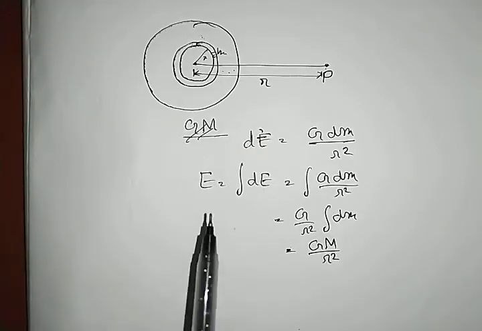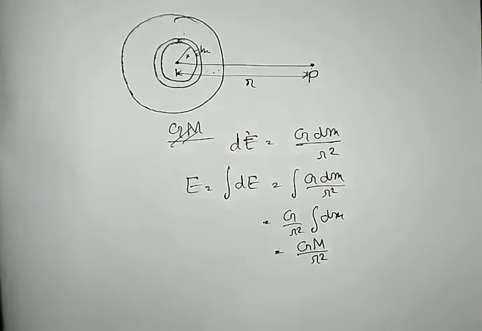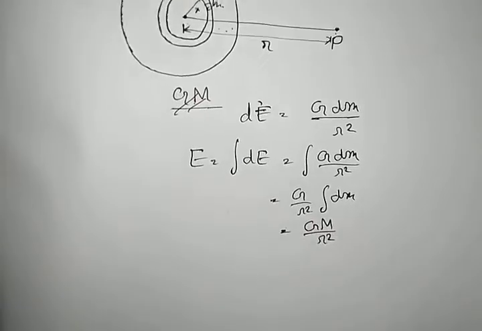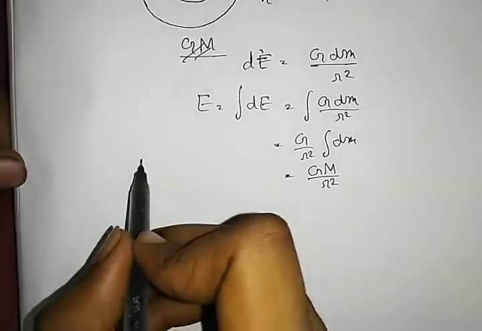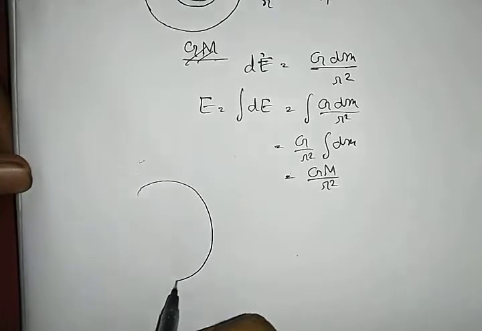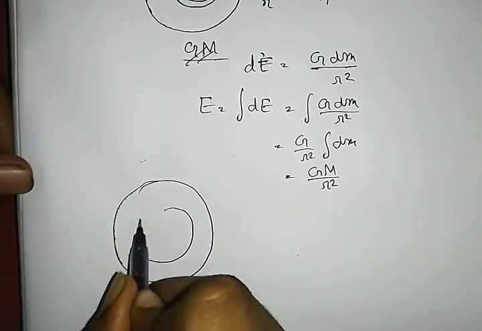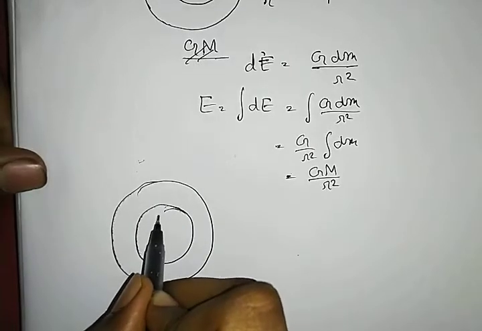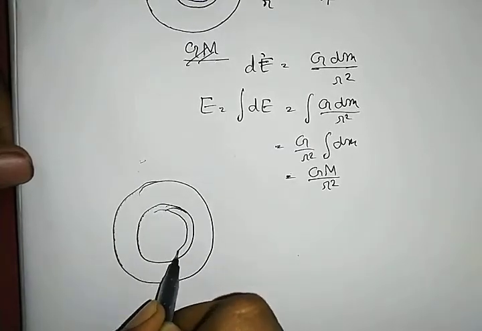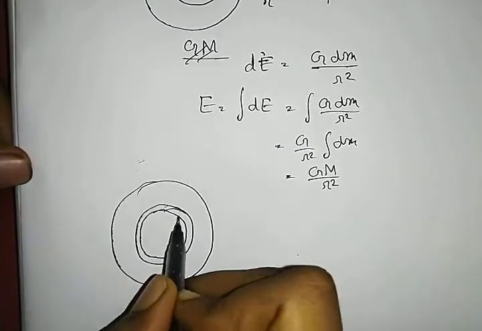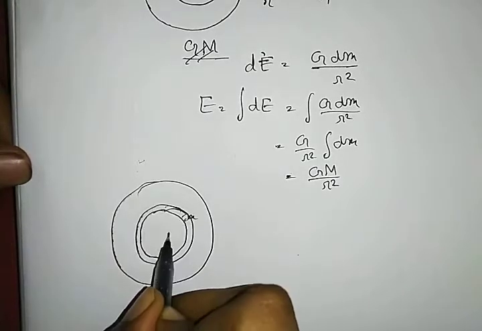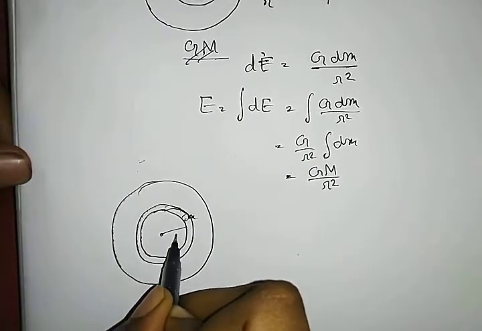Calculating the field at an internal point is quite different from this calculation. So this is the sphere here of mass m, and here is the elemental volume of thickness dx and radius x.